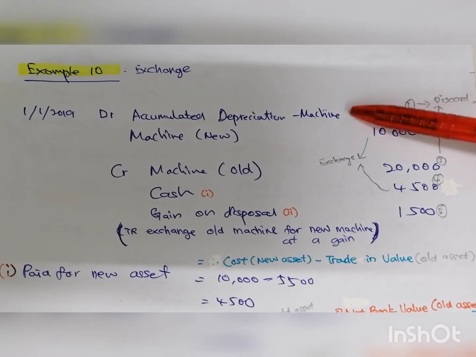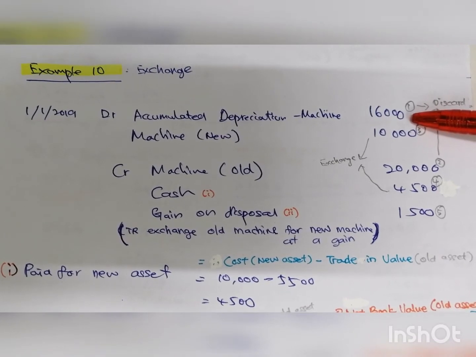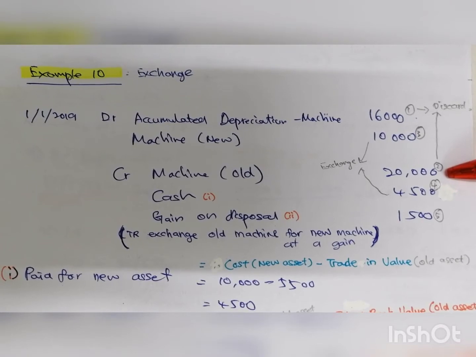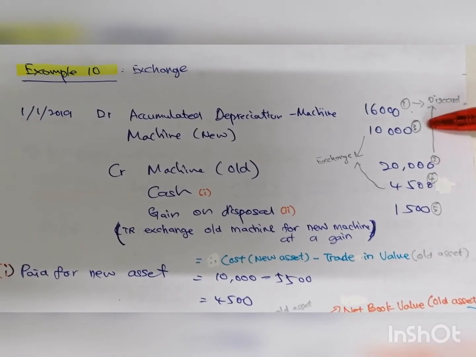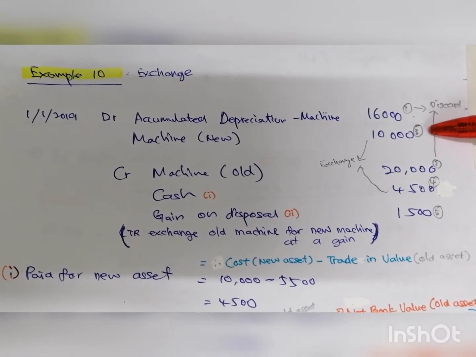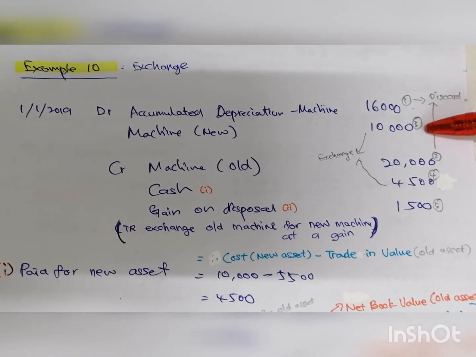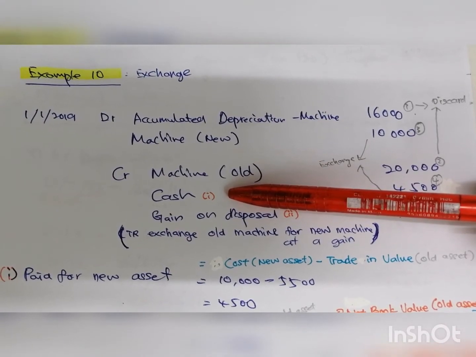That's why we debit accumulated depreciations for machines 16,000 and we credit machines for the old asset 20,000. Here we will debit our new asset, that is the new machine 10,000, and we will see how much to credit.